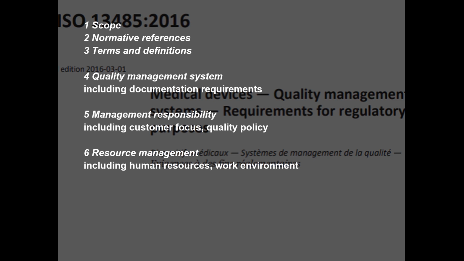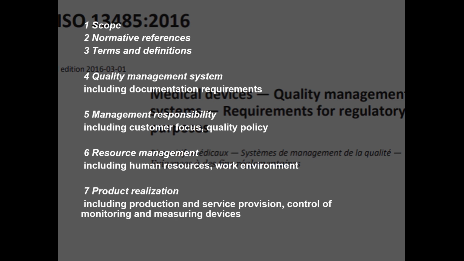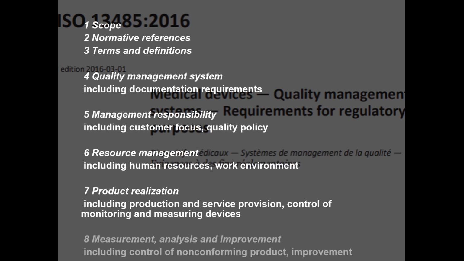Resource management is covered in clause 6. Product realization, the part of the standard that looks at the actual making of the product, is covered in clause 7, but we're going to look at part of clause 8, which is called the measurement, analysis and improvement clause. And it's within this clause you'll find your internal auditing requirements.